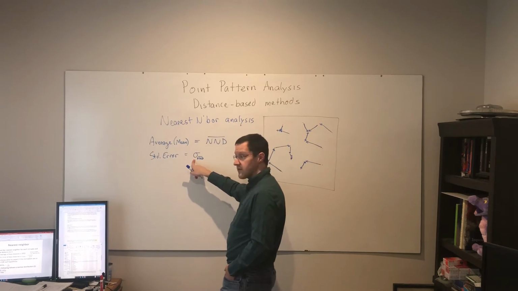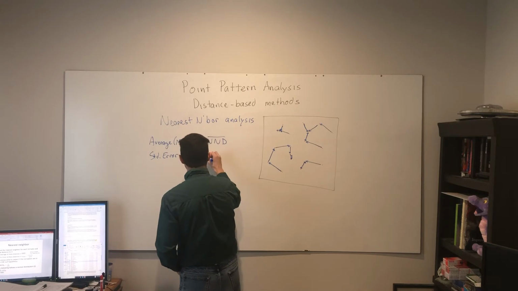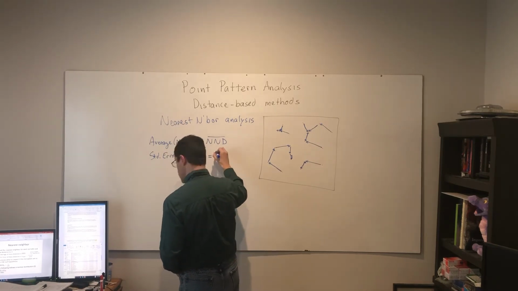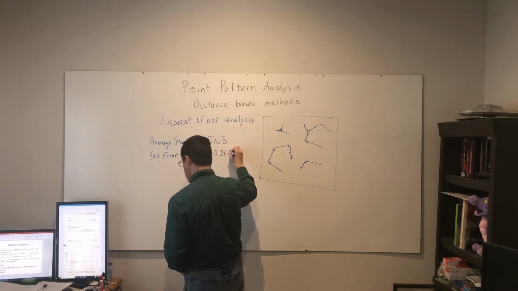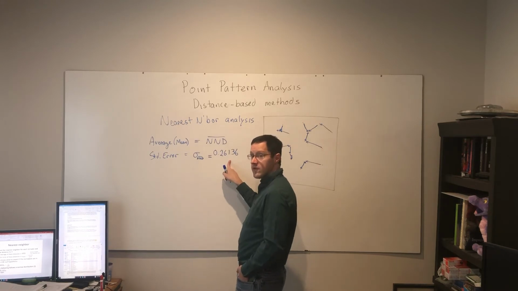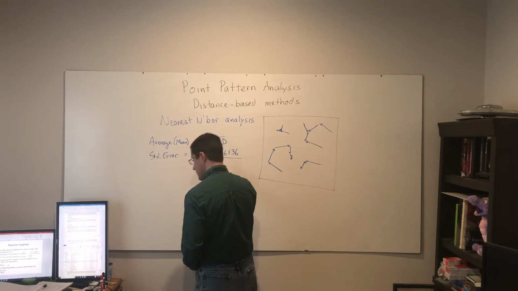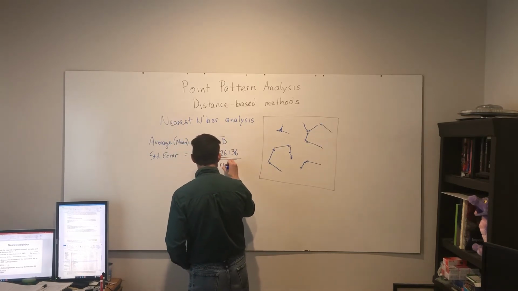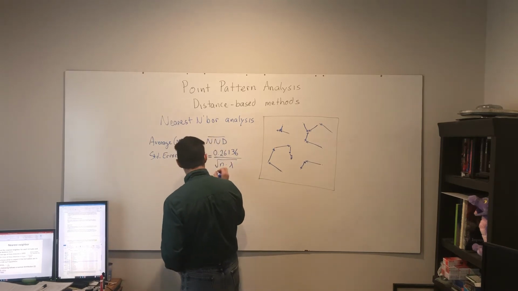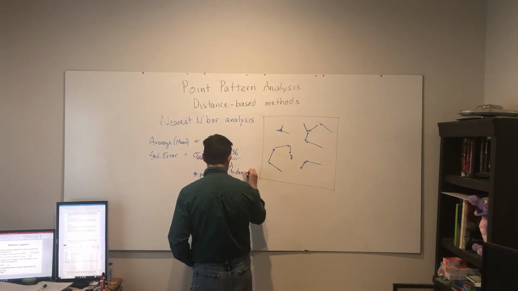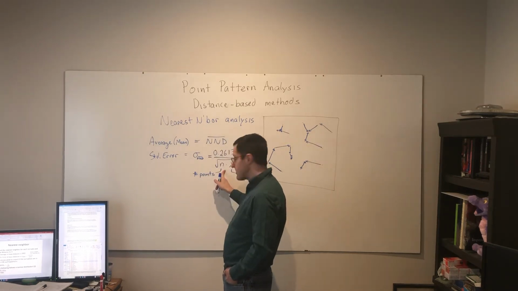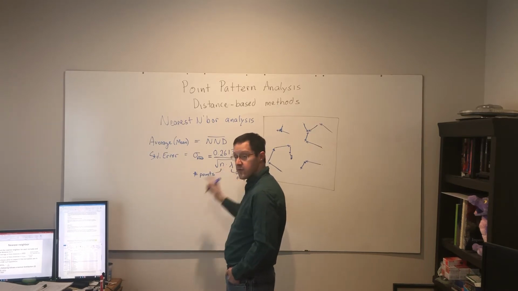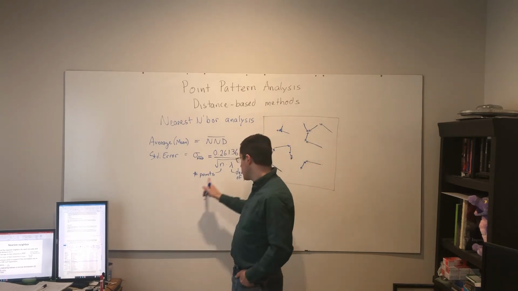So we might use this particular notation, sigma of nearest neighbor distance, that just uses this number, 0.26136, divided by the square root of these two numbers multiplied together, n and lambda, n being the number of points.